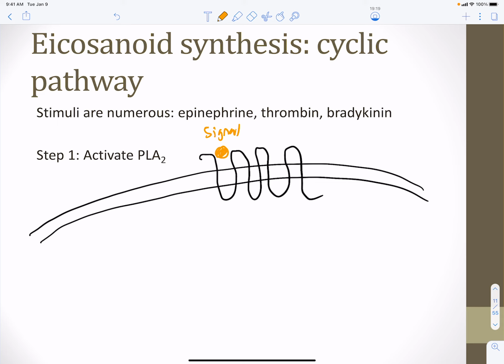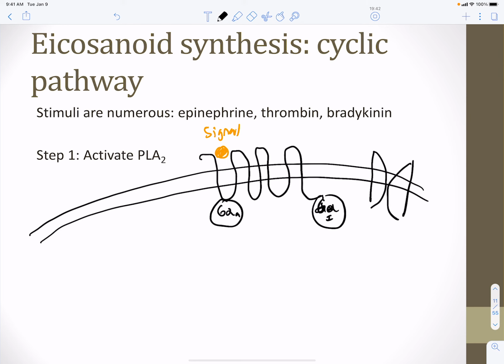So your G alpha, and we'll put a G alpha. And so our G alpha can open a calcium channel and let calcium in.